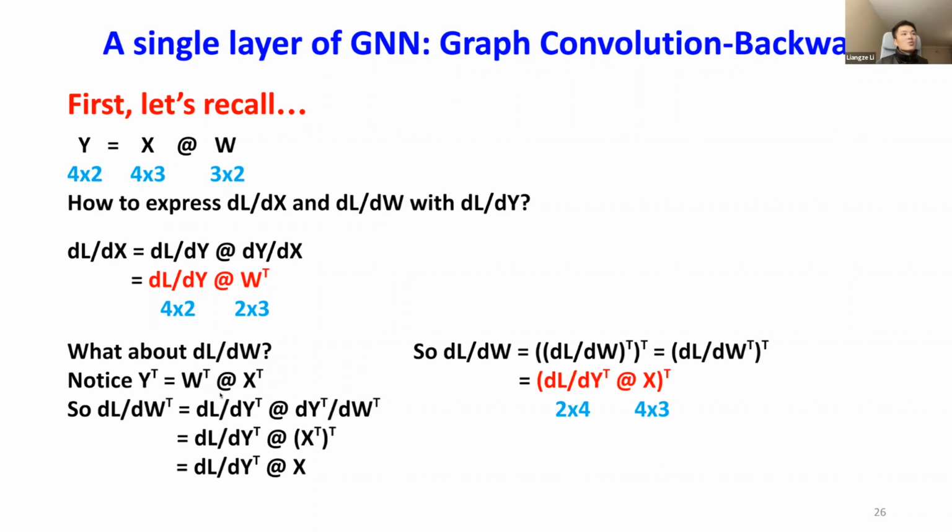Okay, so what about dL/dW? The dL/dW would not be so simple because it is not convenient to take the derivative with respect to the second parameter in the matrix multiplication. So instead, we take the transpose of Y, and it turns out that the transpose of Y is just W transpose times X transpose, right?